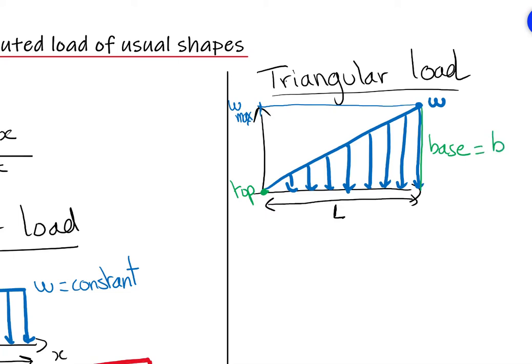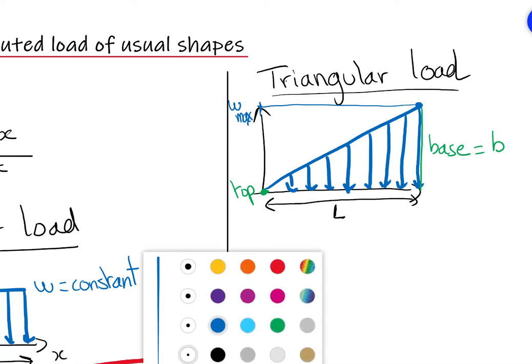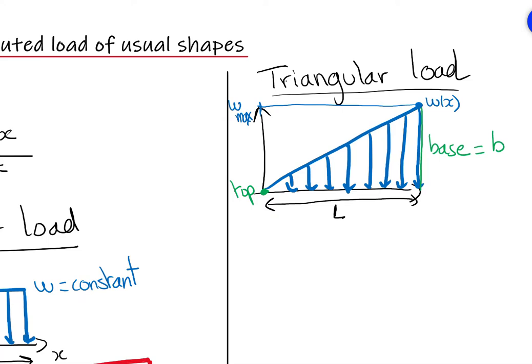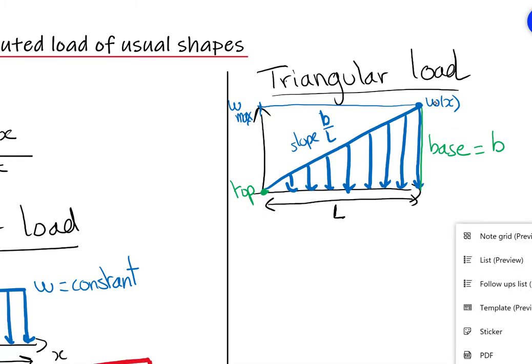Now the function w, let me write it in small, w of x. What is w of x? That's a function of a line that increases slowly with the slope. The slope is y divided by x, so the slope is b divided by L. So for example, when x equals 0, w equals 0.